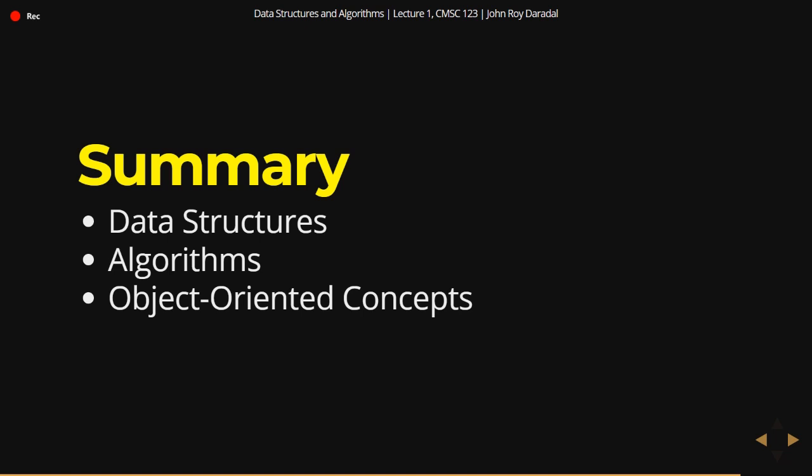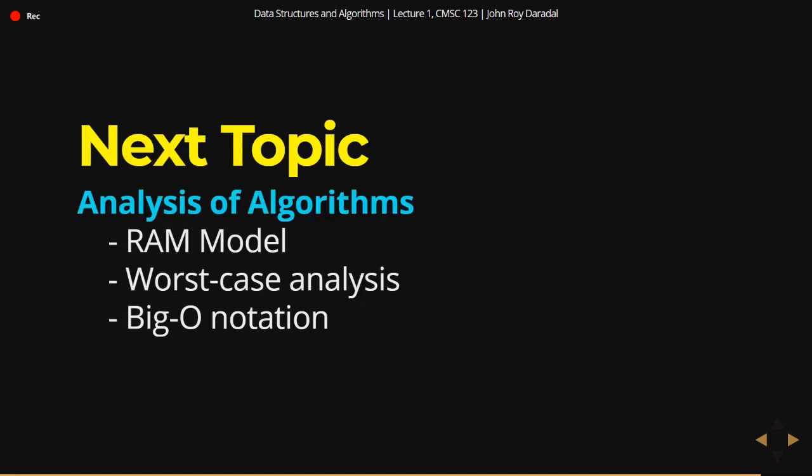Okay? So that's our brief introduction to data structures and algorithms. Our next topic will be analysis of algorithms using these three things: the RAM model, worst case analysis, and big O notation. We'll use this to analyze the performance of the algorithm. So why is it running slow, or why is it running fast? That would be our next topic.